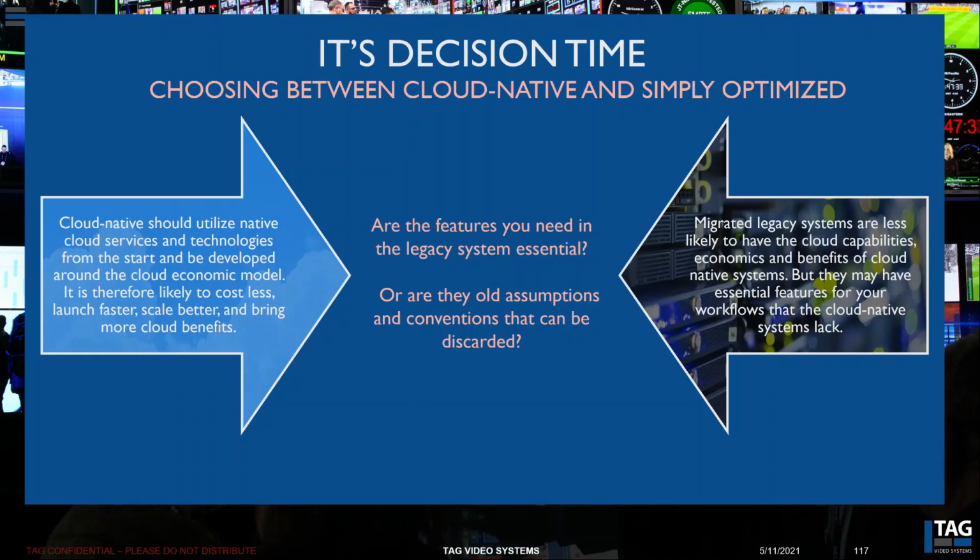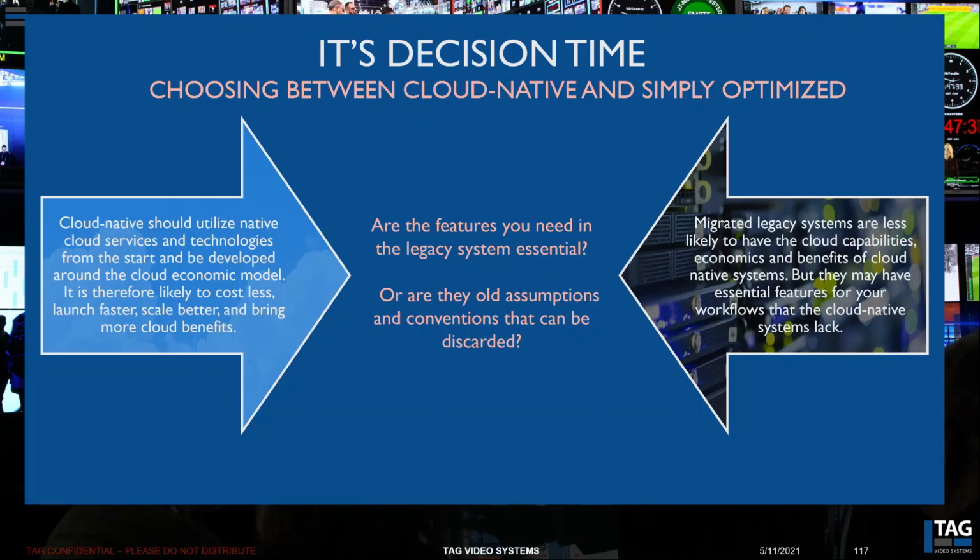But you may have a challenge because those cloud native and cloud first companies, because they're cloud first, may have been built for something, maybe only OTT workflows, or maybe for certain kinds of customers. And they may not bring all the benefits and features you need for your existing workflows. So this is where legacy systems are migrating to the cloud. And you have to look carefully at those because they may actually check all the right boxes for the things you've been looking for and you expect to bring with you to the cloud, but they may not be as efficient or as optimized.